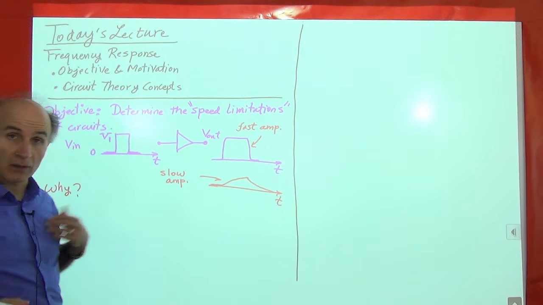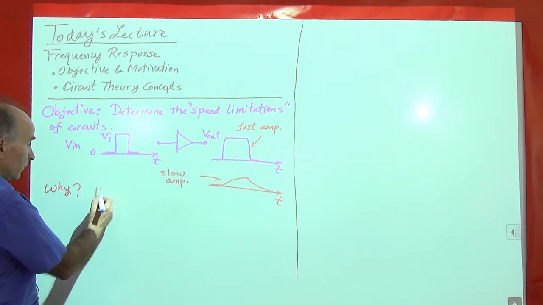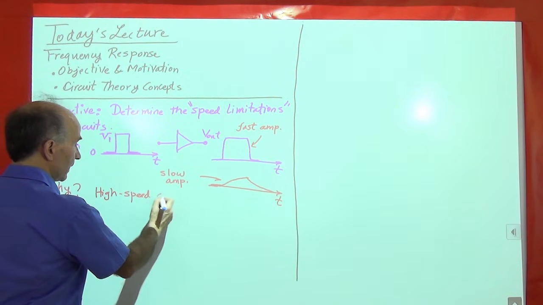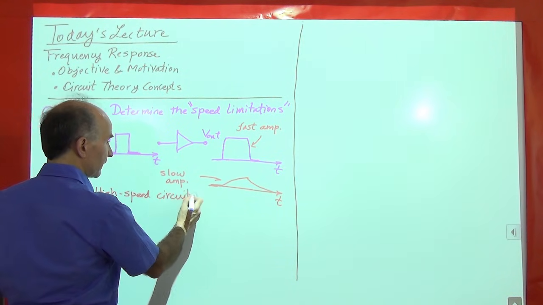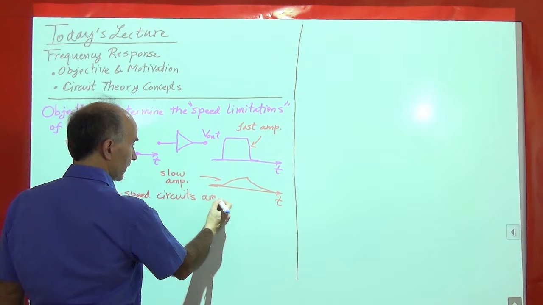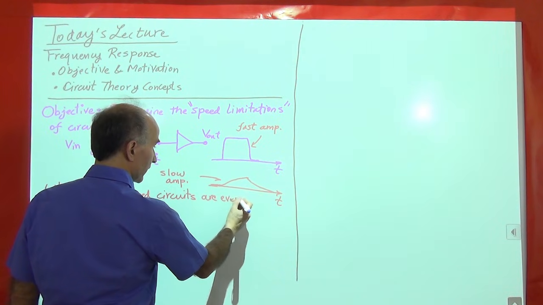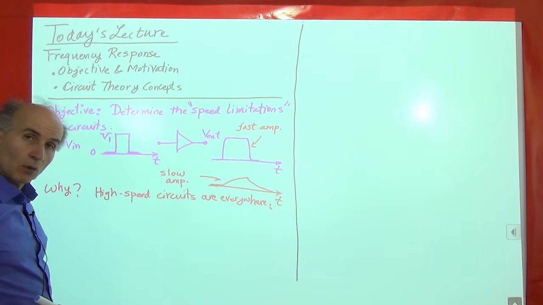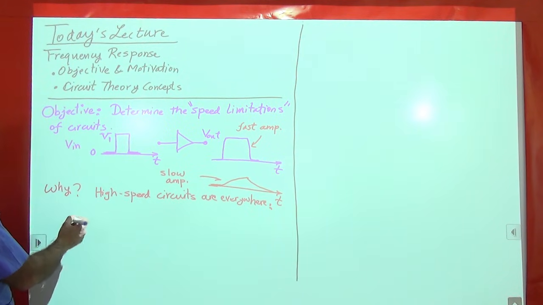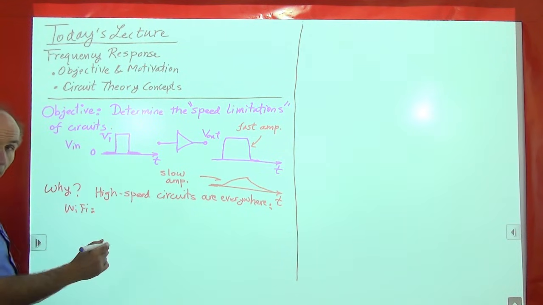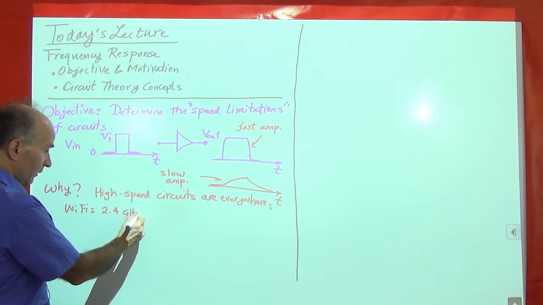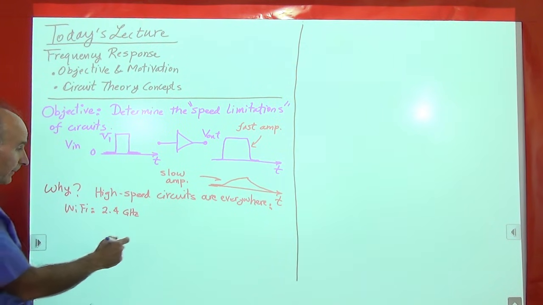Well, high-speed circuits are everywhere. So we can just look around and look at all the circuits that we find in our devices today. And the speeds are quite high. They are very impressive in terms of what they do. Okay, so for example, we have Wi-Fi, which operates around 2.4 gigahertz, so that's 2.4 billion hertz.